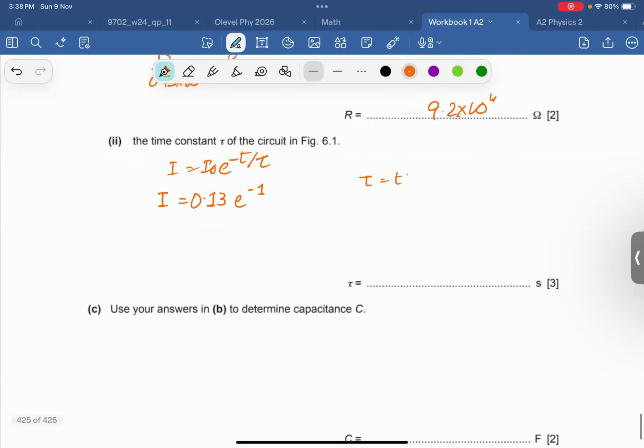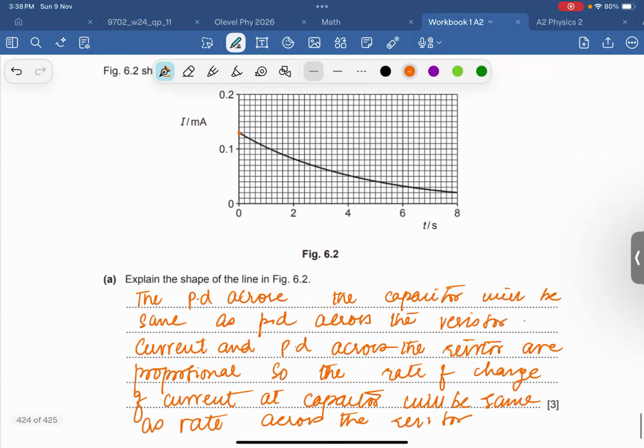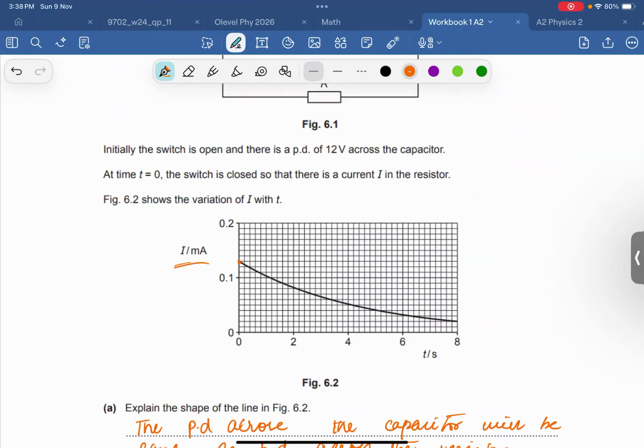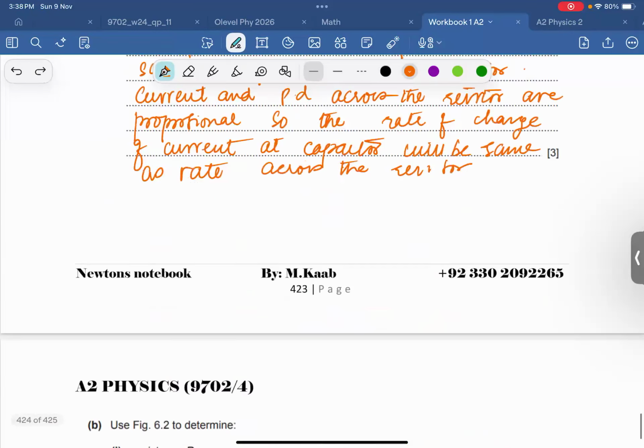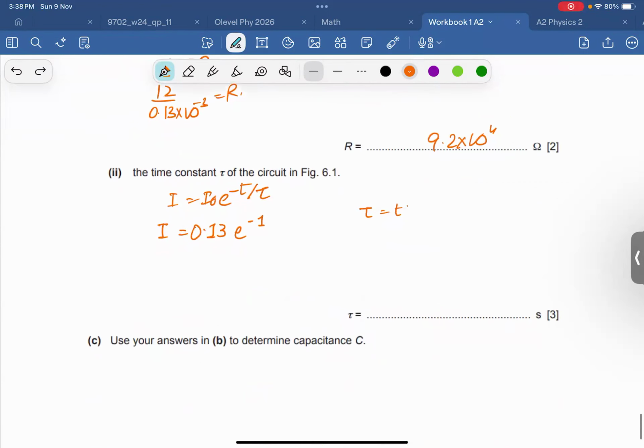It's actually the current graph, so the area of this graph will give you the charge, but it would be difficult, so don't go for that. So 0.13 exponent negative 3, times exponent negative 1.